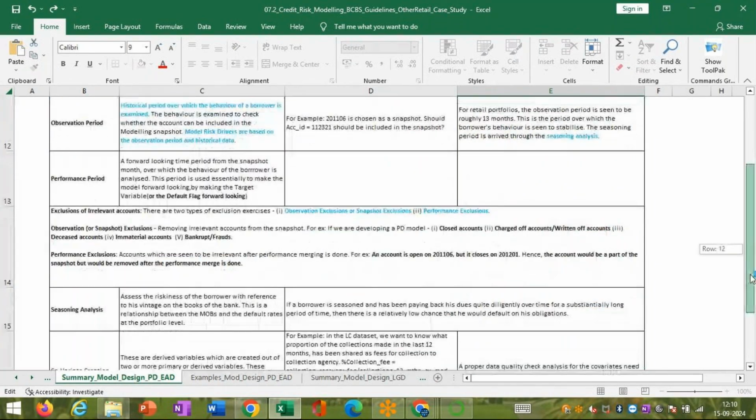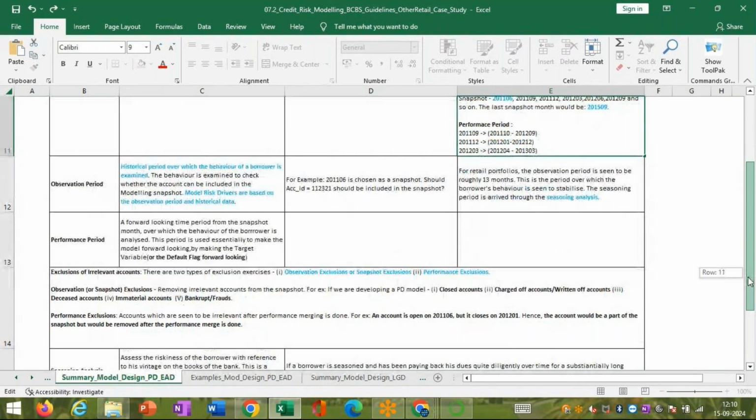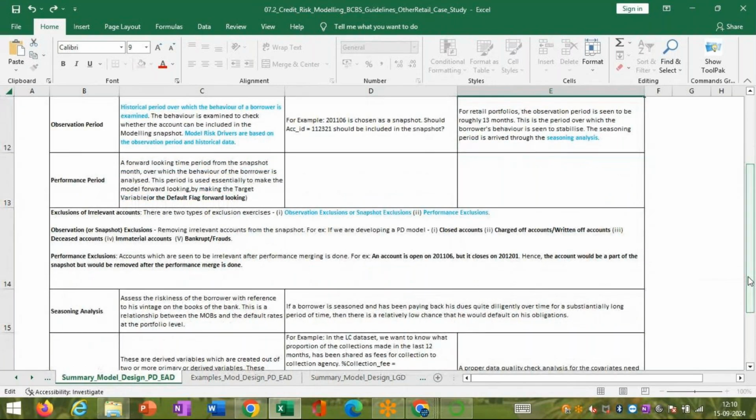From there, we discussed in detail the concept of observation period and the performance period. Additionally, we talked about the exclusions of irrelevant accounts, observation exclusions, and performance exclusions.